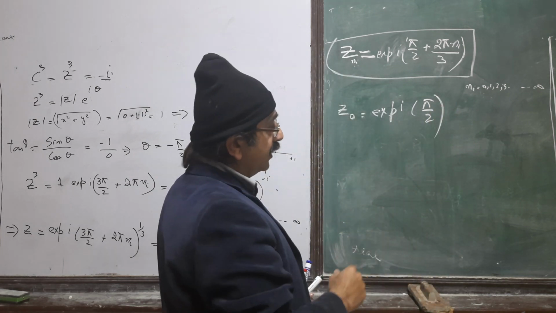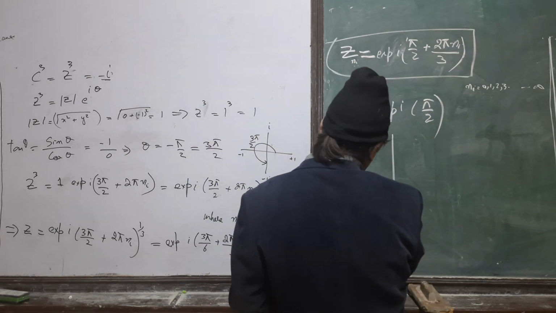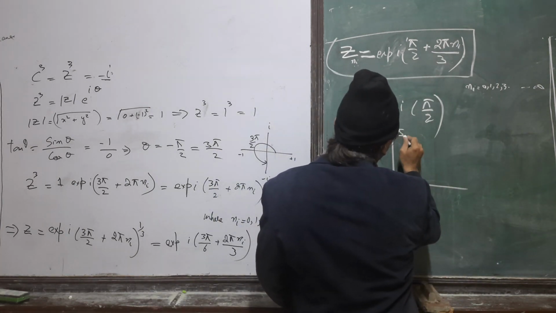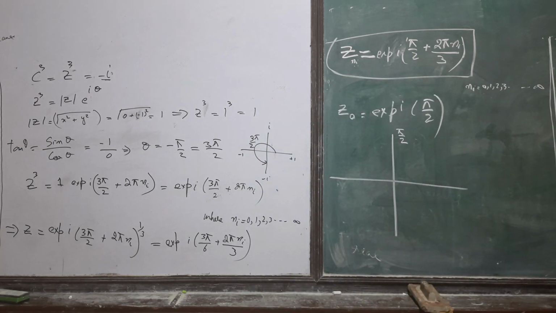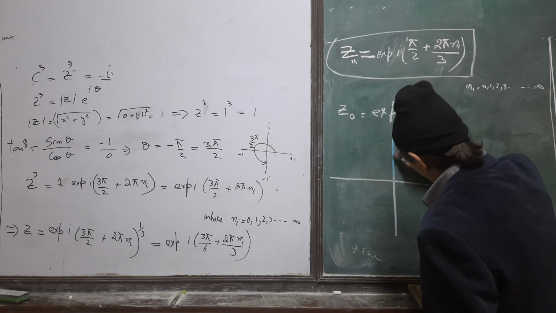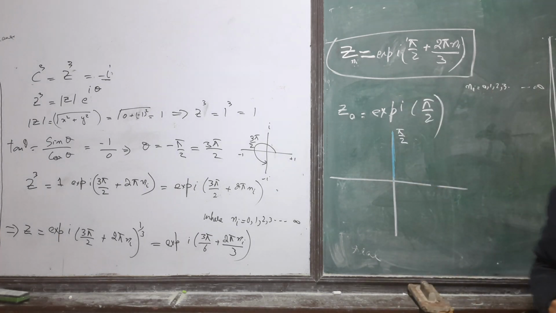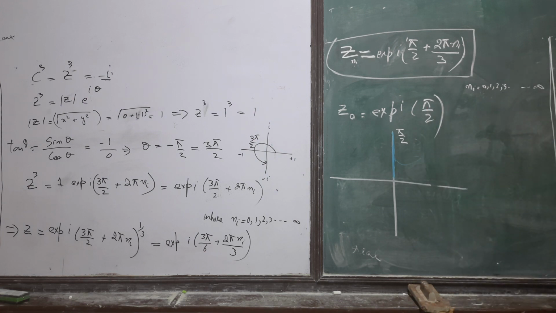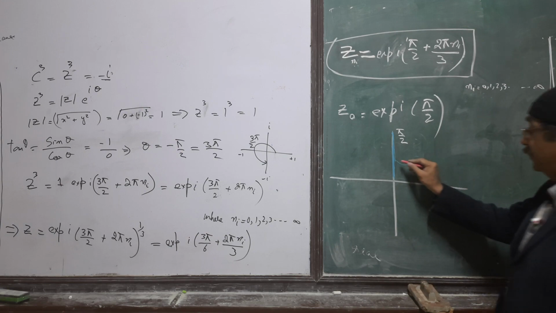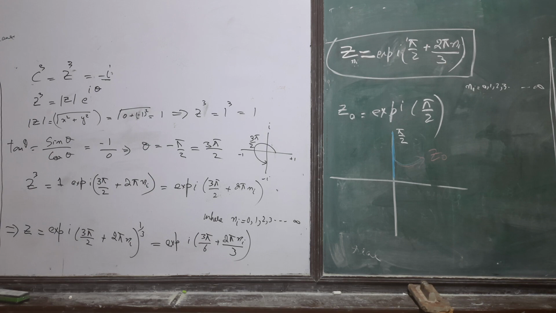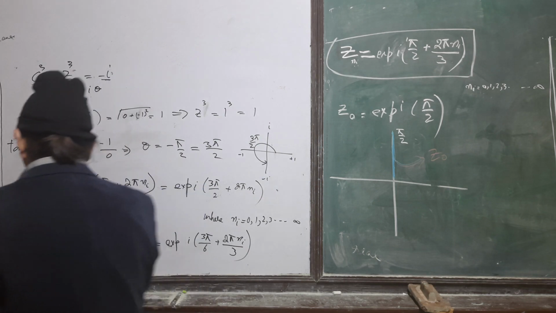Pi by 2 is angle 90 degrees. If I draw, this will be pi by 2, and this will be Z0 at angle pi by 2.